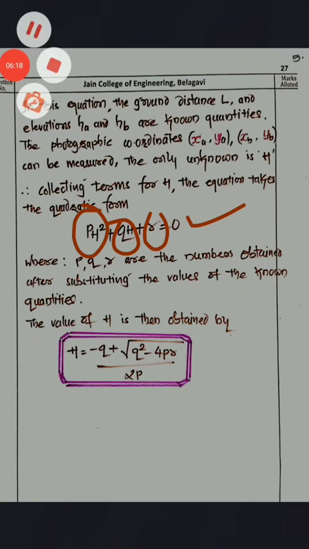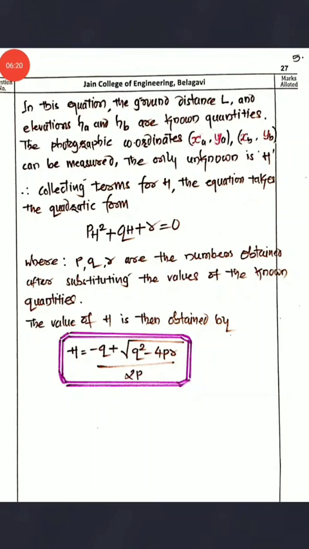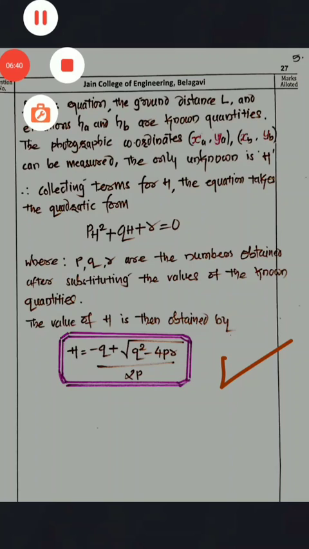You put in all the known values, then convert that into the form of a quadratic equation. Then you can write H is equal to minus q plus the square root of q square minus 4pr, divided by 2p, where p, q, r are the numbers obtained after substituting the values of known quantities.